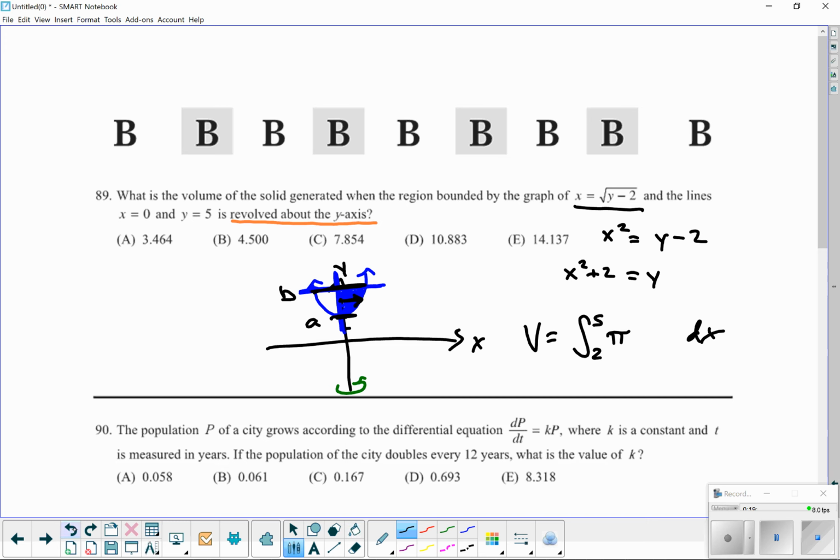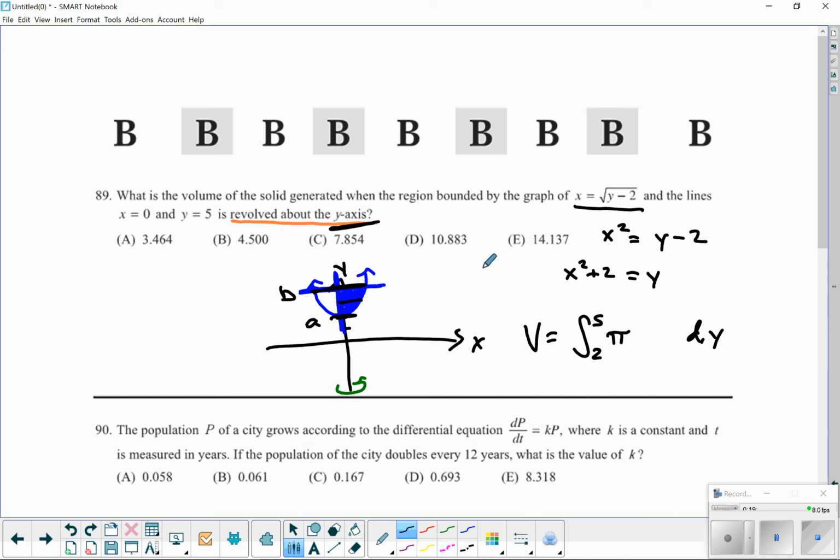Normally our radius goes from the x-axis up, but in this case we're measuring along the y-axis, from the y-axis to the right, just like from the x-axis up to the top of the function. That's when we have a dx if we're revolving around the x-axis. In this case, it's going to be a dy.